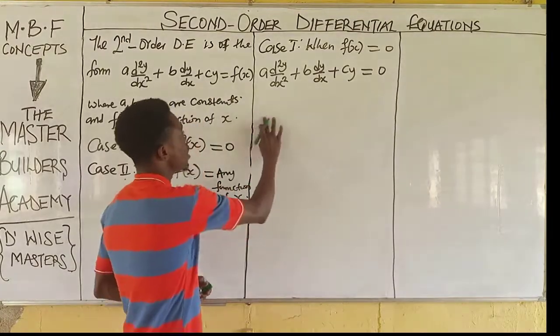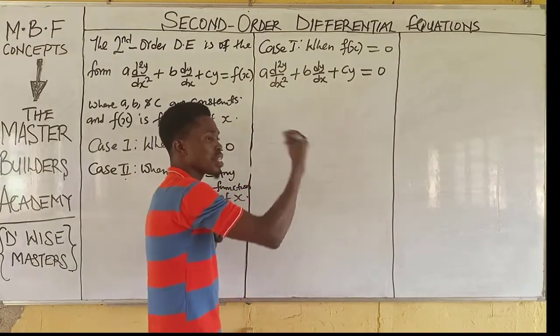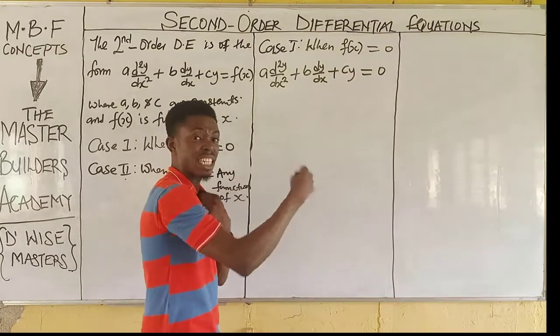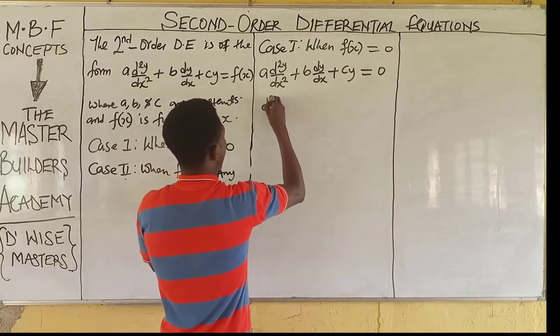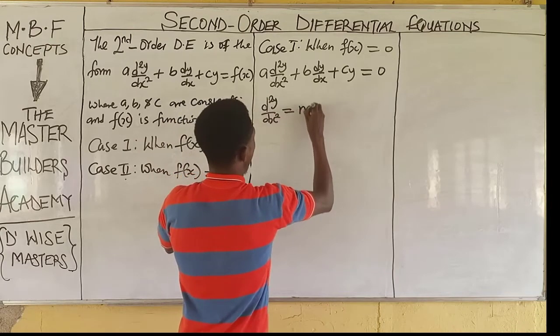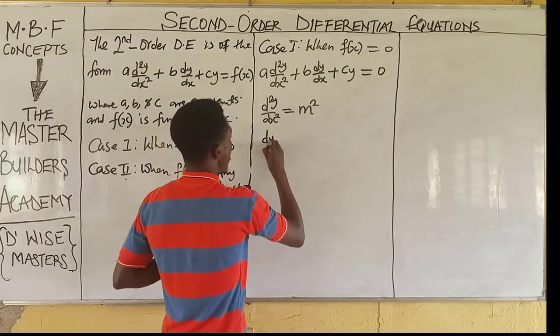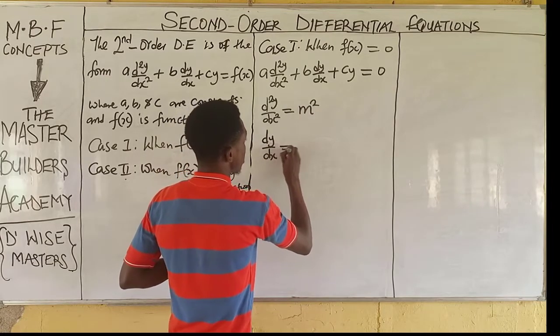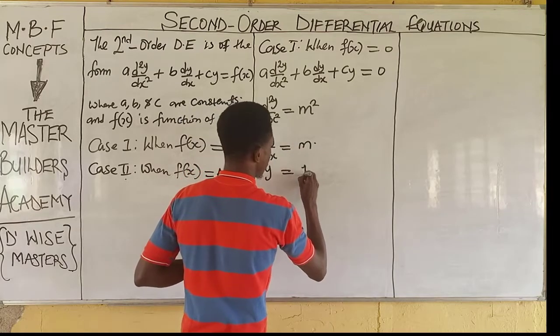Understand that to convert any second order differential equation to its auxiliary equation, where the right hand side is equal to 0, all you simply do is to have d squared y over dx squared equal to m squared, then dy over dx equal to m, then y equal to 1.